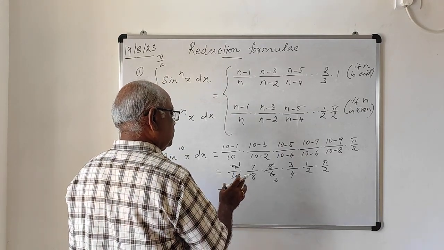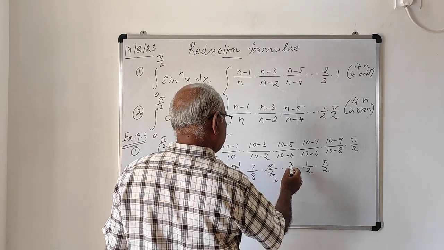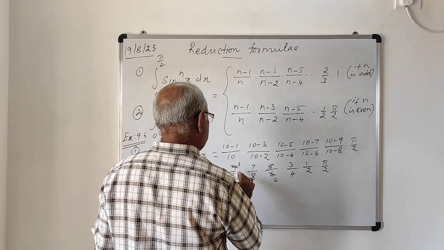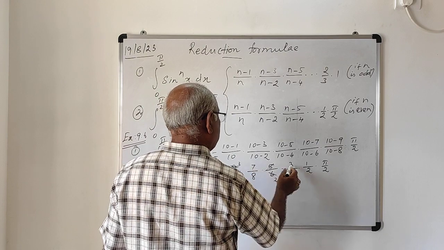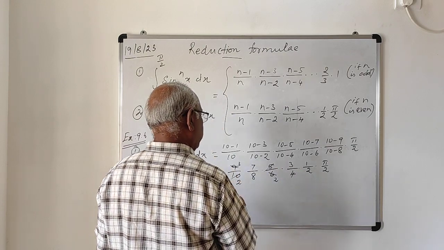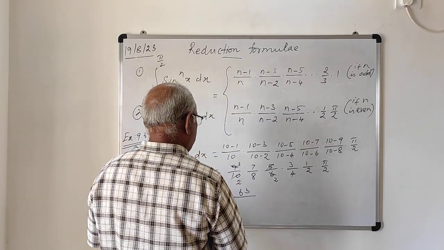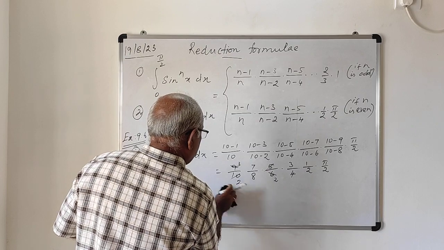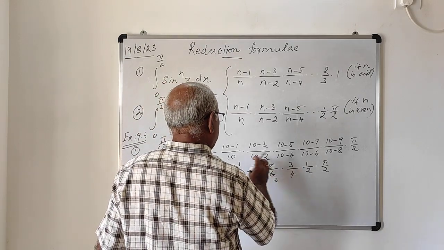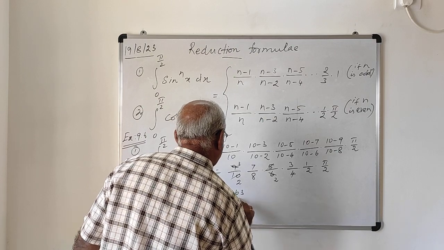That is how we can cancel terms. In the numerator, you will get 9, 3 sevens are 21, 3 threes are 9, 9 sevens are 63, and in the denominator 63 into pi.